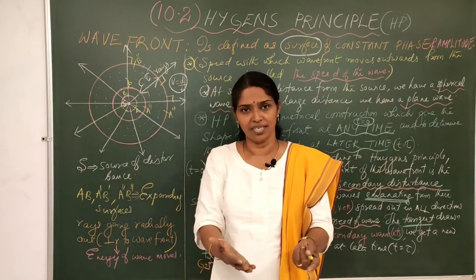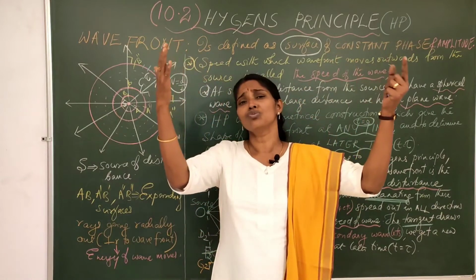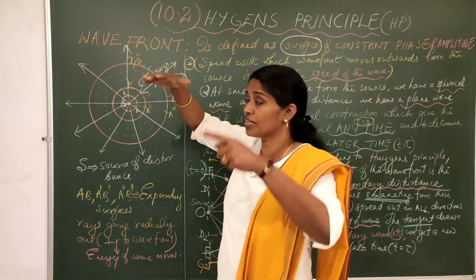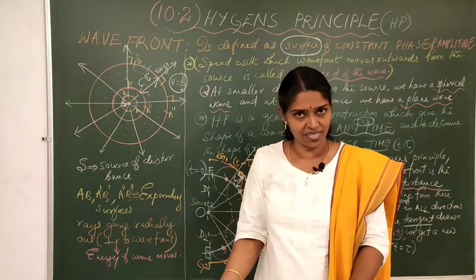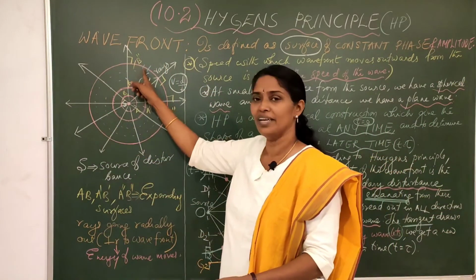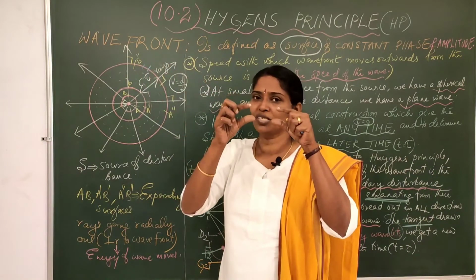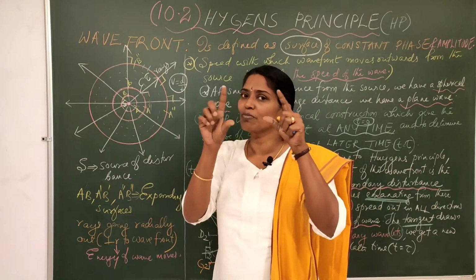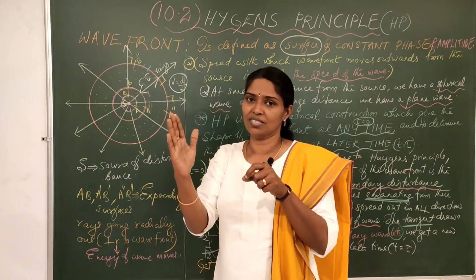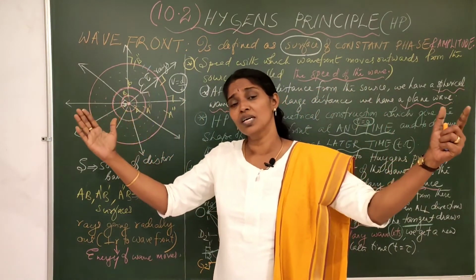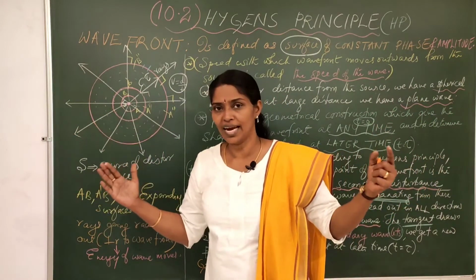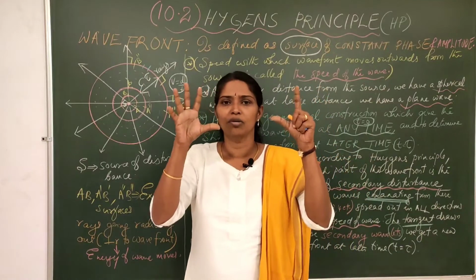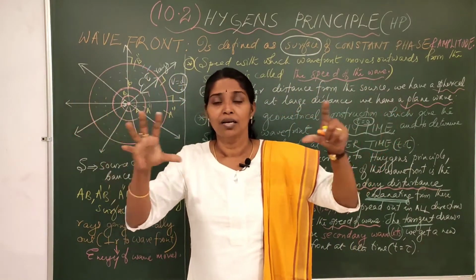As it reaches Earth, that surface is too big. So when you take a small portion of such a huge spherical surface, it comes out to be a line. A small portion of that surface will be like a small plane surface. Because the surface of the sphere is so big, think of a balloon you are expanding, a big balloon.